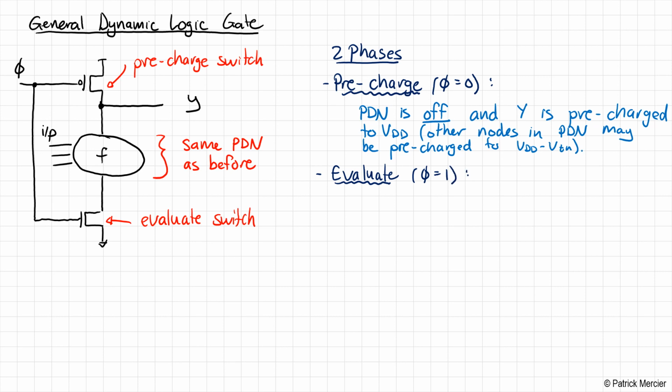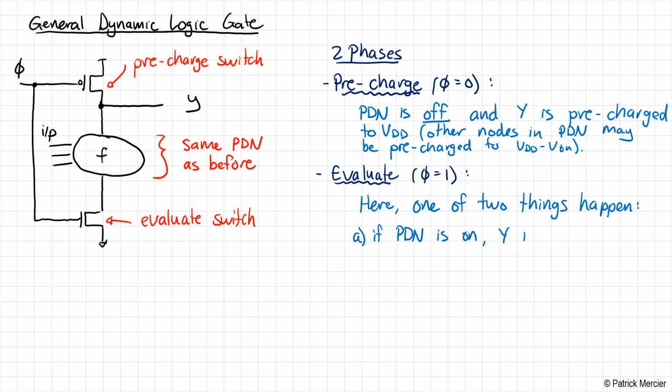Okay, so in this phase, one of two things happens. Option A, I suppose: if the pull-down network is on, then Y is driven low, just like it would in a static complementary CMOS circuit.